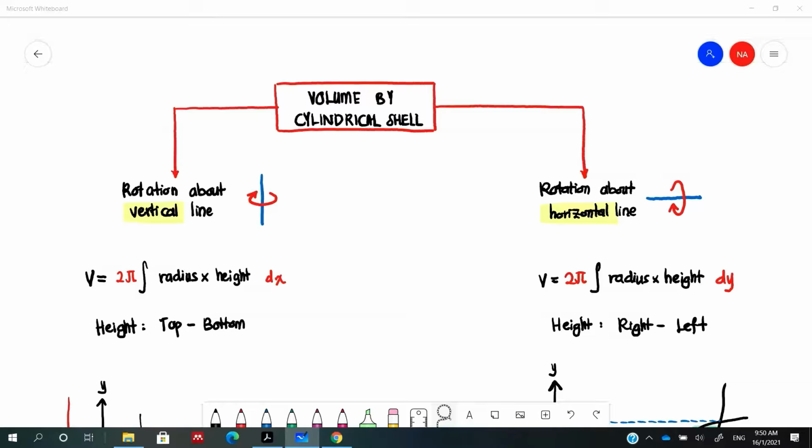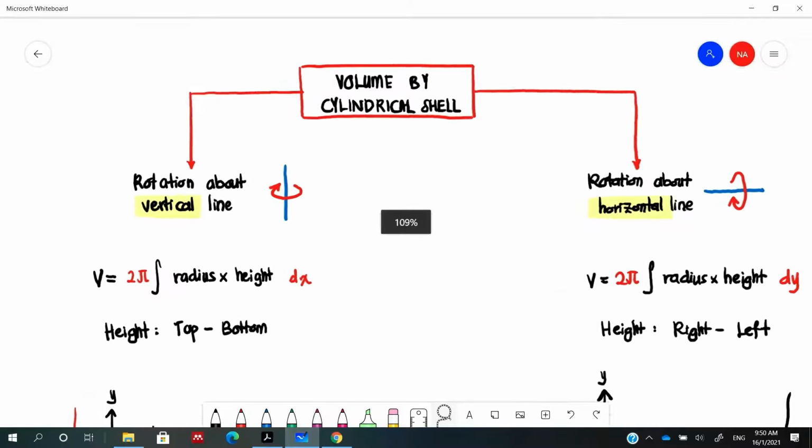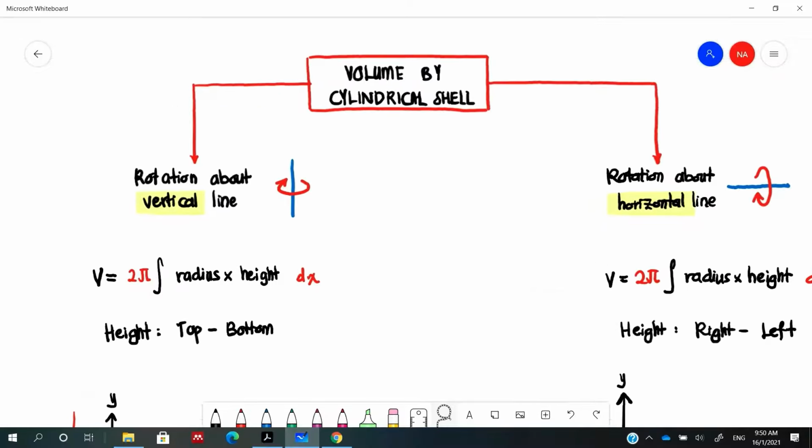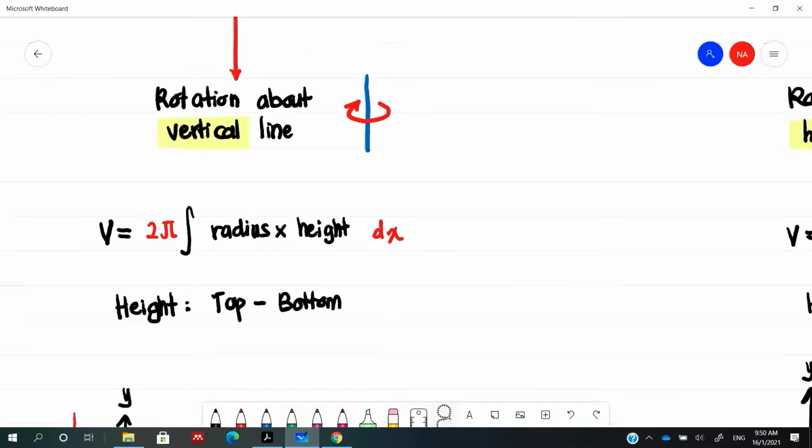Bear in mind that this method of volume is completely different from the washer method and also the disc method. Please take note that when we rotate about a vertical line, it should be dx.